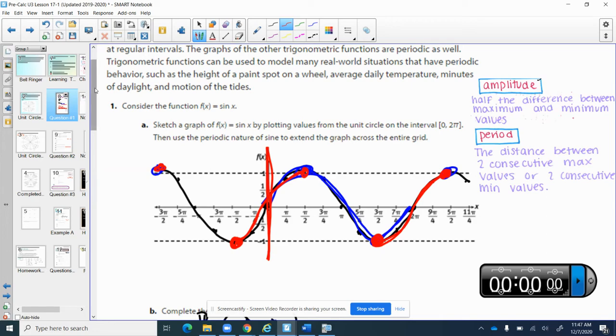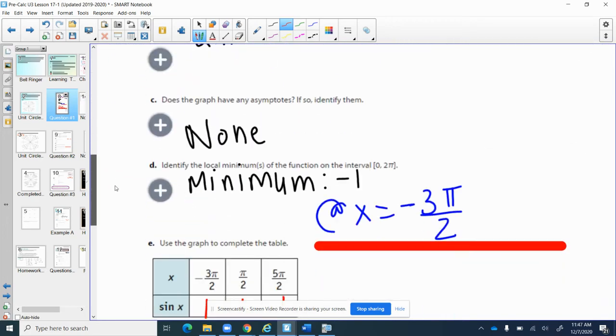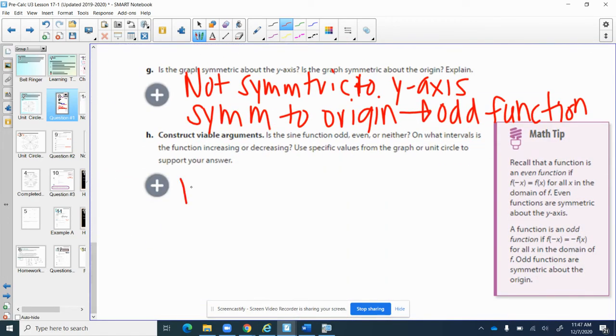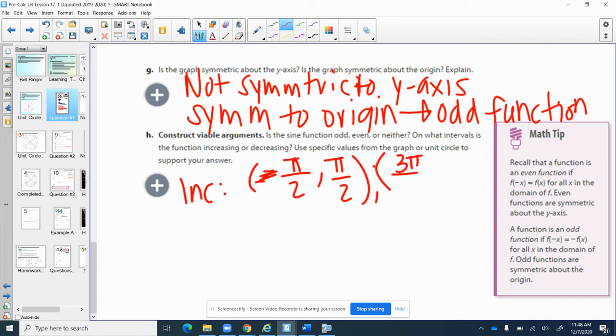You want to think about it like a roller coaster going left to right: where would I be increasing? Well, that's from these values, negative pi over 2 to pi over 2, or another interval would be from 3 pi over 2 to 5 pi over 2.